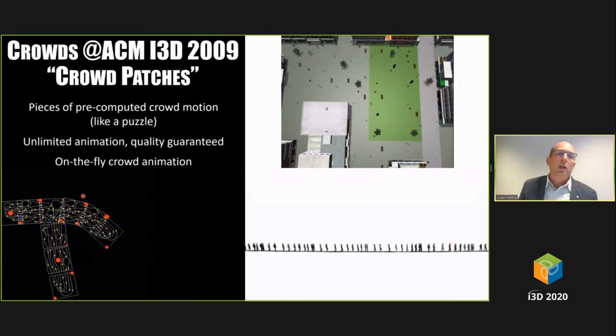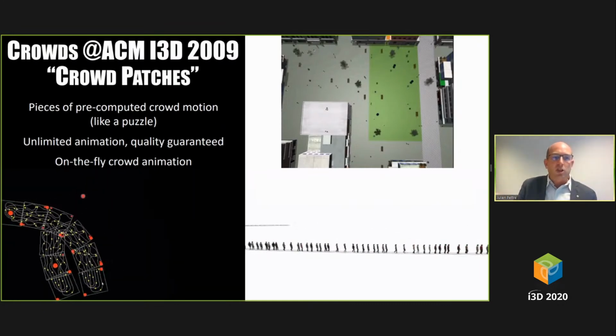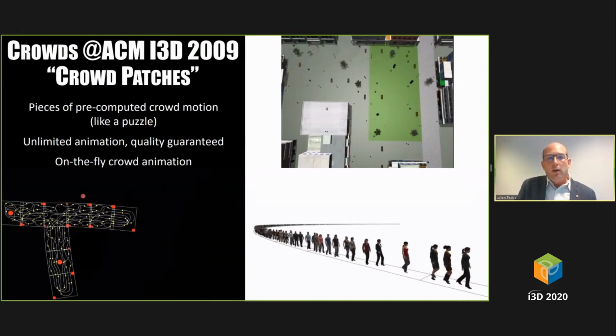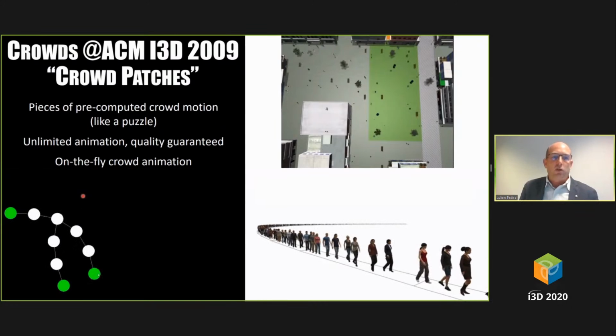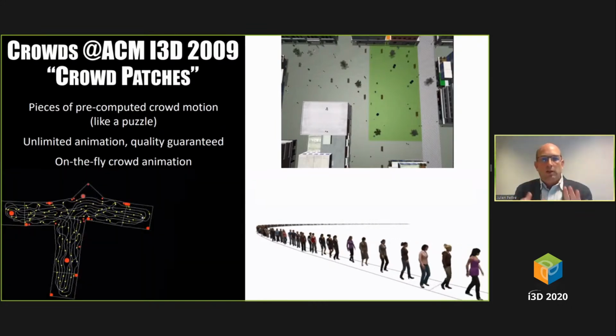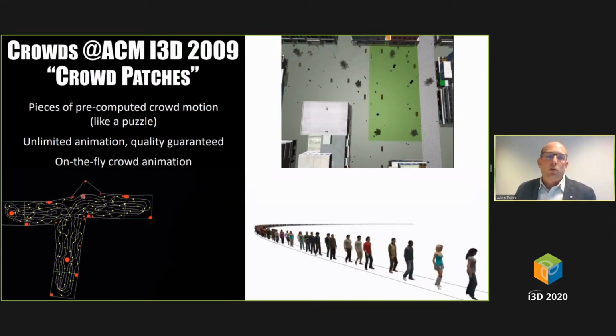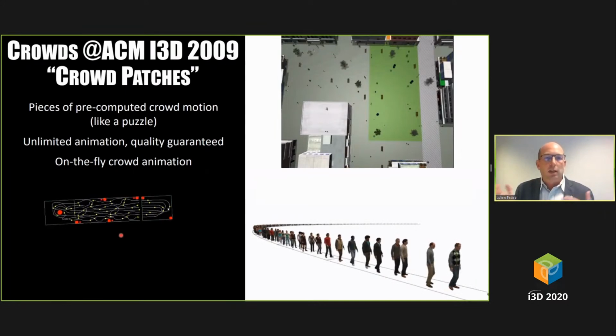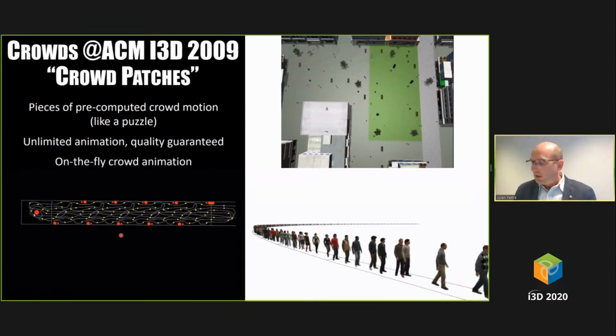You can stretch the assembly of crowd patches, and this will update the animation interactively. You can see the graph, a mutable graph that is capturing this animation, and how you can interact with it, like also cutting, pasting, and bending the animation.